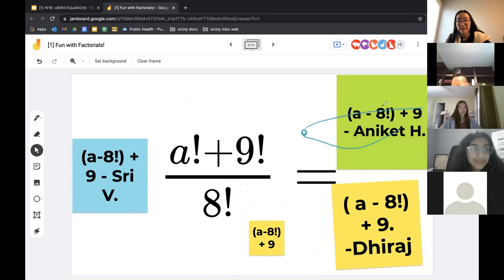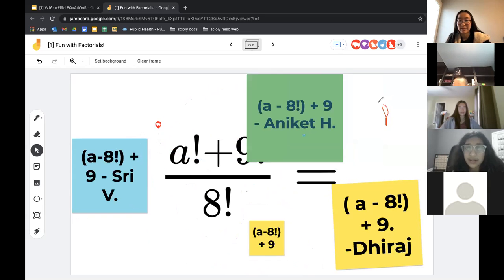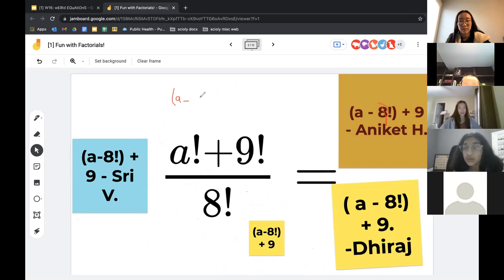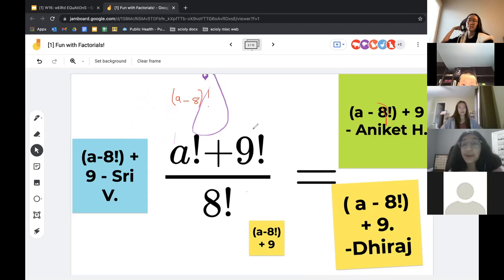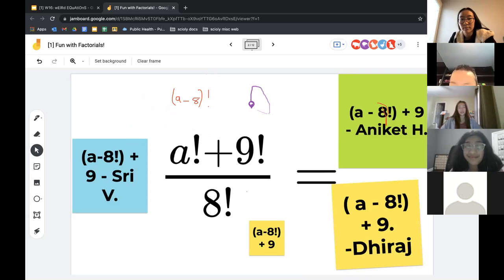Karen, wouldn't there be parentheses? So it should be A minus 8, parentheses, then factorial. Wait, hold on, let me see. Well, it wouldn't actually be A minus 8 factorial. Wait, let me think about this. Would it just be A?